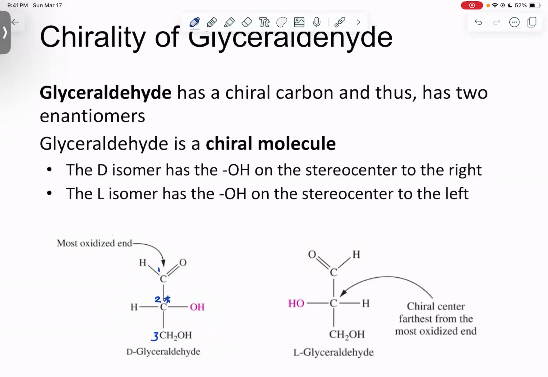A lot of times they'll do a little asterisk. But in a Fischer diagram, I'll show you in just a minute so that you can kind of see how they do it. A lot of times when we draw, this is called a Fischer diagram. You would draw a carbon, and then you would just draw something like this.